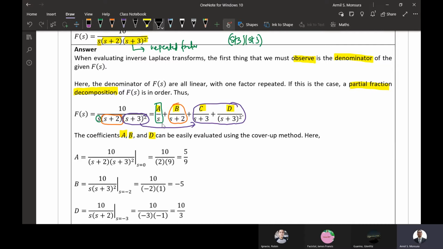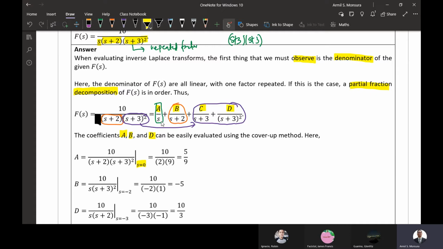Since ang denominator ng A dun sa expansion is S, tatanggalin nyo yung S dun sa ina-expand niyo. Yung the rest, yun yung gagamitin nyo to evaluate A. But you have to evaluate A when S equals 0.